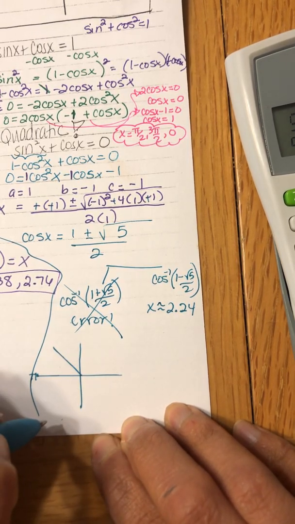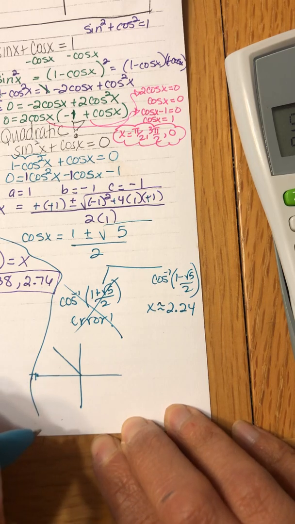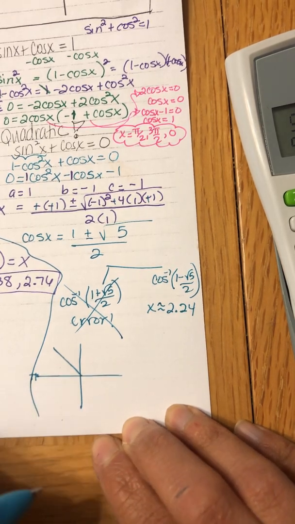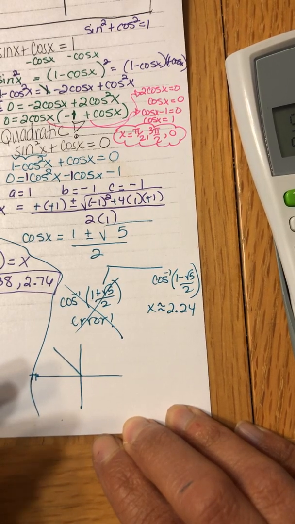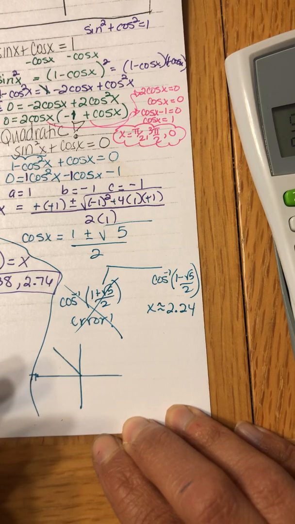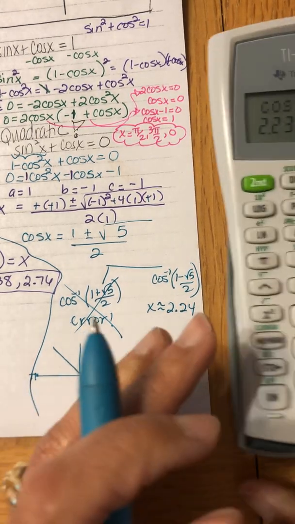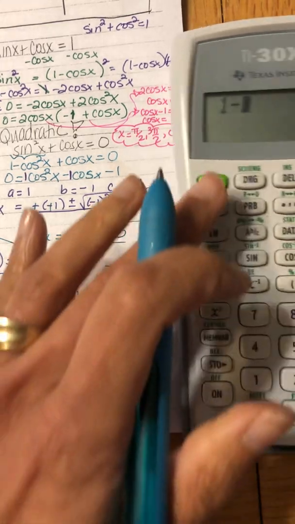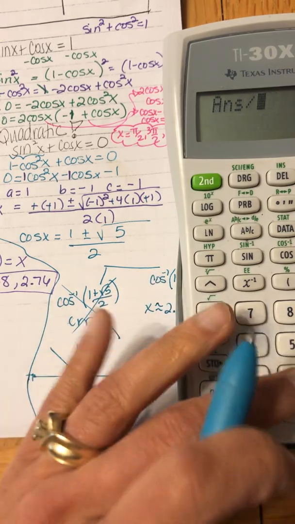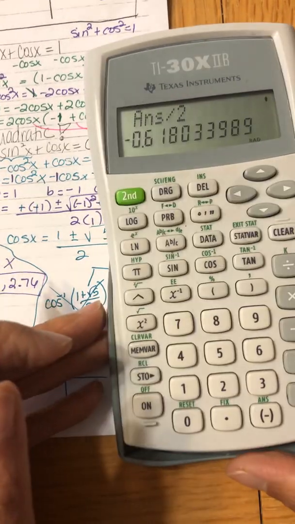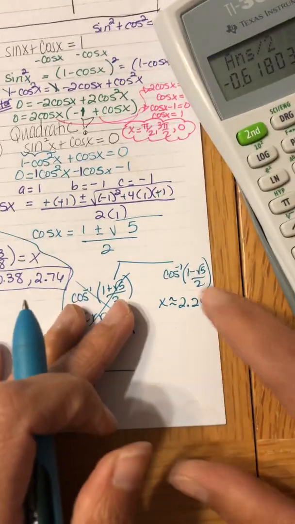And cosine is going to be negative, because look at what this is: 1 minus the square root of 5, and then divide by 2 is negative.